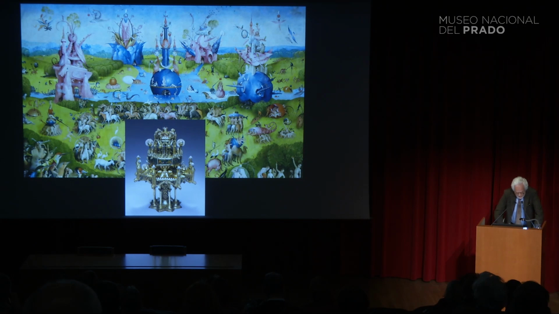The acrobats, gems, pearls, and other precious stones that stand out in the artful architecture in the background, and now I'm referring to this image, recall the theatrical performances, but also the fancy objects that were shown during the so-called entremets and during courtly banquets.